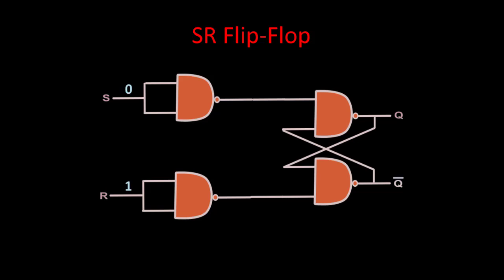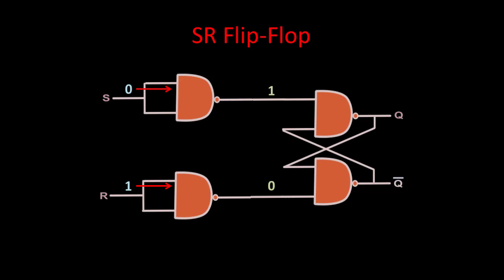Now suppose we have input 0 1, where S is 0 and R is 1. Irrespective of whatever output we had previously, let us see what we get. S equal to 0 makes the output 1, and R is 1. Because the 1 is distributed to both the NAND gates, 1 1 becomes 0.